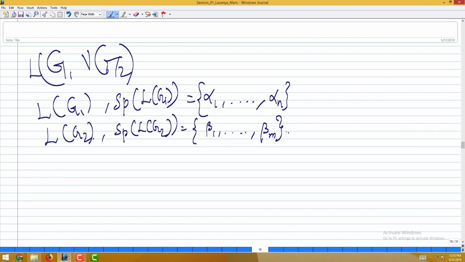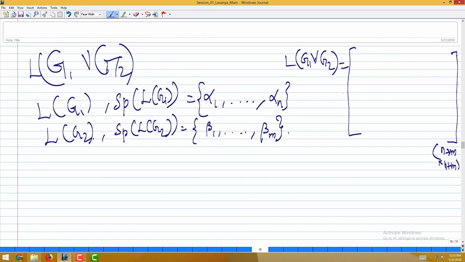So, how will my Laplacian of the join look? It should not be difficult to see. First, L of G1 join G2 is going to be a square matrix of order n plus m cross n plus m.